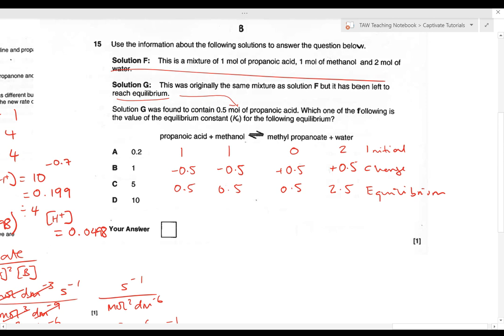Now, because all these substances are solutions, we don't need to worry about the volume because the volume will cancel out. So we don't actually need to worry about calculating concentration. We could put moles straight into our Kc calculation.